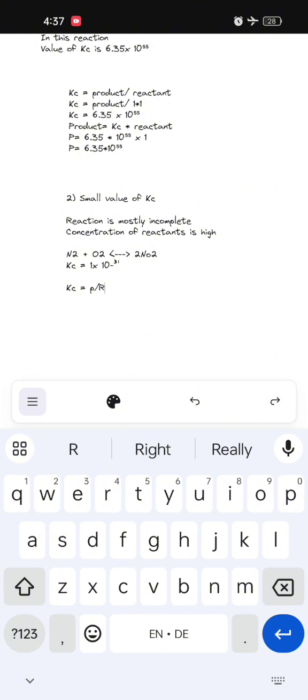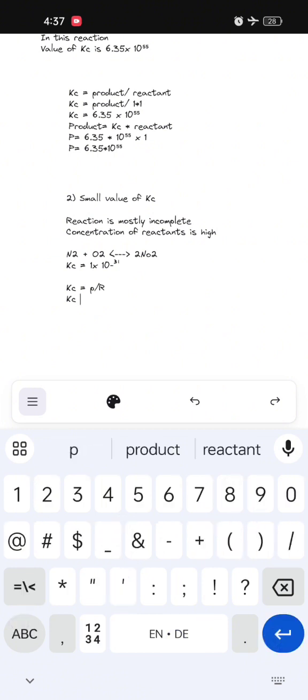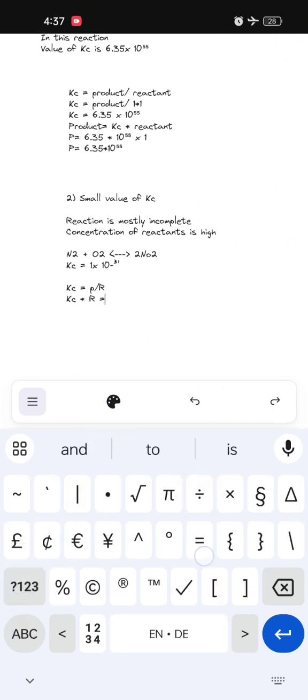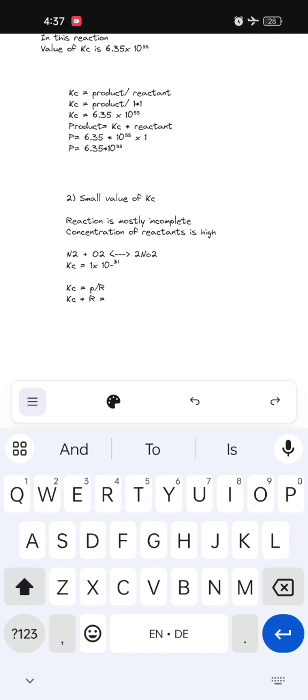or sorry, in this if we find the value of product, we found the product concentration in the one above too, where our answer came out 6.35 into 10^55, which was large. In this, if we find out the product concentration, Kc into reactant is equal to product.